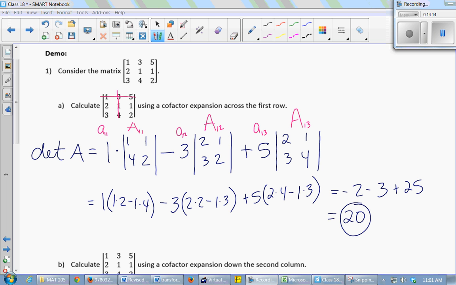If I'm going to use the second column, that just means that instead of using this guy and this guy and this guy, I'm going to use the entries down the second column. You only have to do 1 to get the determinant. They'll all give you the same answer. So you can use whichever one is most convenient. I just am doing it 2 ways to demonstrate to you that they come out the same.